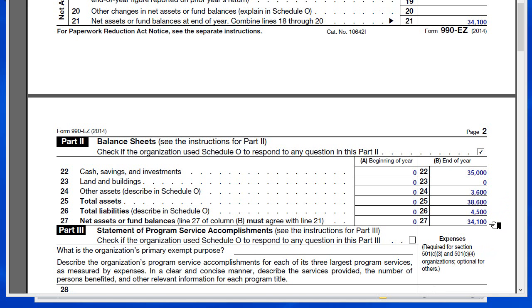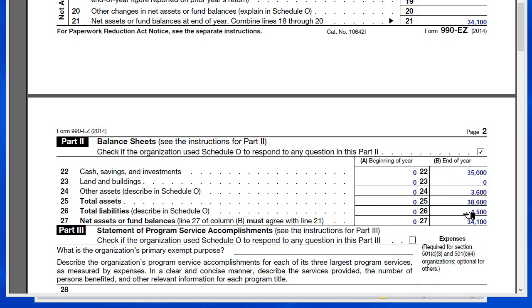You'll also notice that up here on line 21 net assets on page 1 has to be the same as net assets on page 2, line 27 of the balance sheet. Those two items must match. Also, as you see here, I've checked this box indicating that we have an explanation on Schedule O for other assets and also for total liabilities.